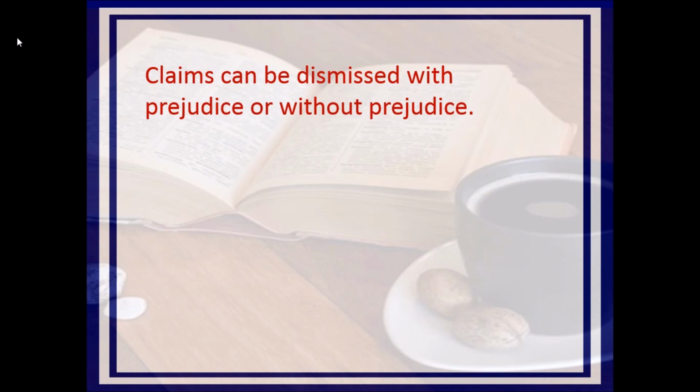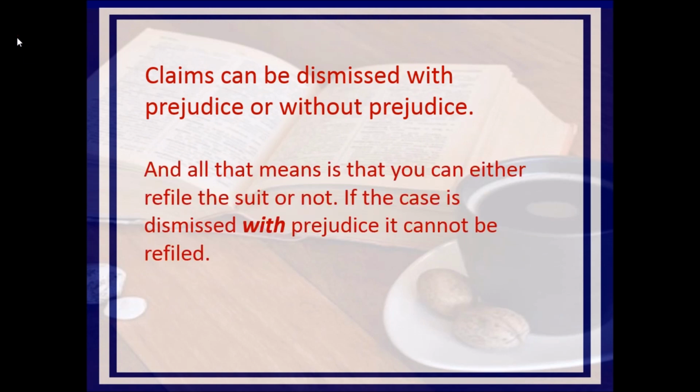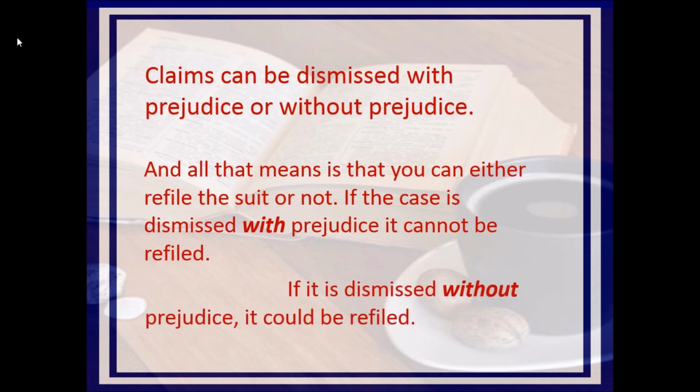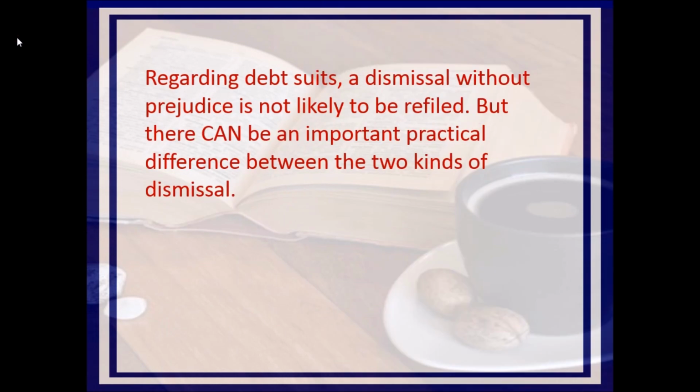Claims can be dismissed with prejudice or without prejudice. And all that means is whether you can refile the suit or not. If the case is dismissed with prejudice, it cannot be refiled. If it's dismissed without prejudice, it could be refiled. Regarding debt suits, a dismissal without prejudice is not likely to be refiled, although it could be.